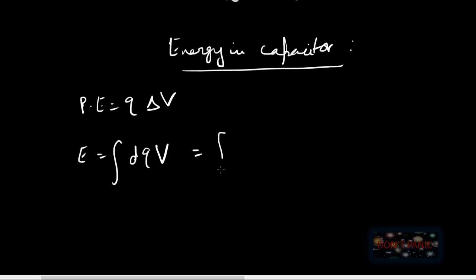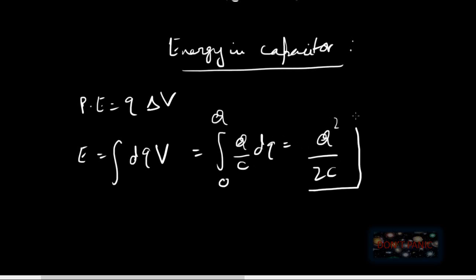And then you know that V for a capacitor is Q over C, so dq times Q over C. You're going to integrate from 0 to the total charge. So it becomes Q squared over 2C from 0 to Q. So it becomes Q squared over 2C.